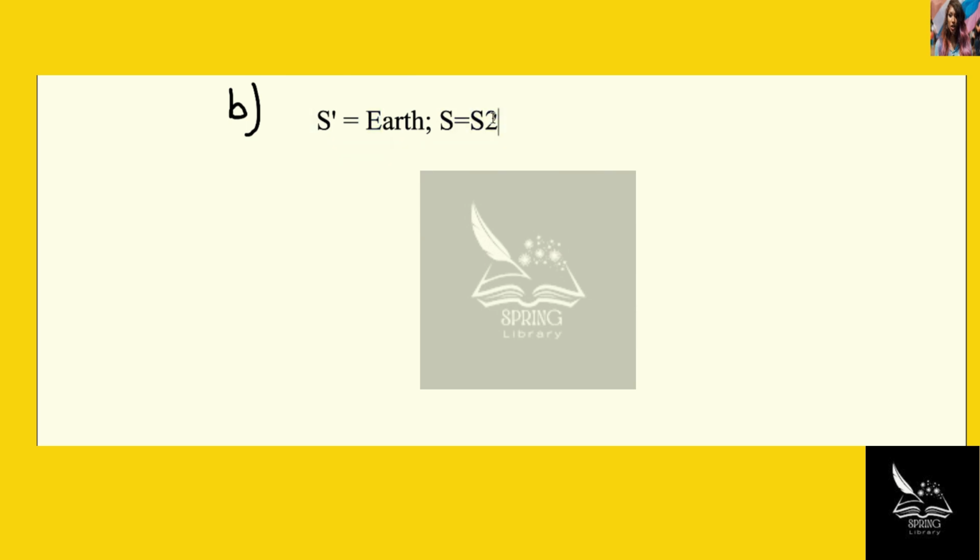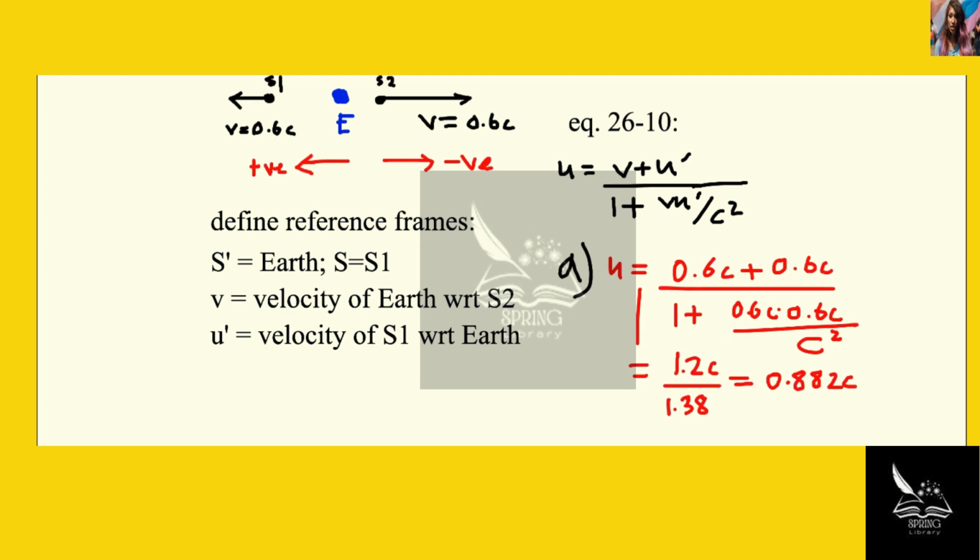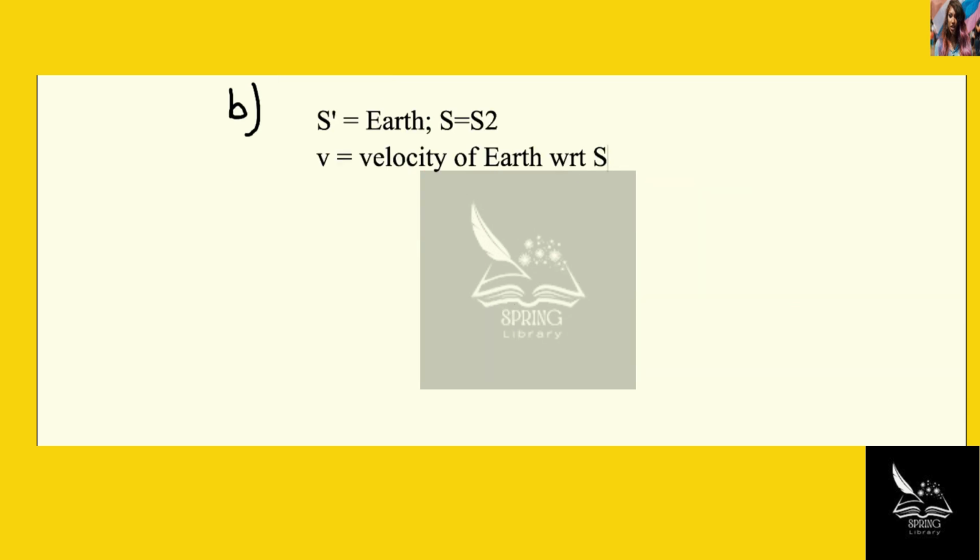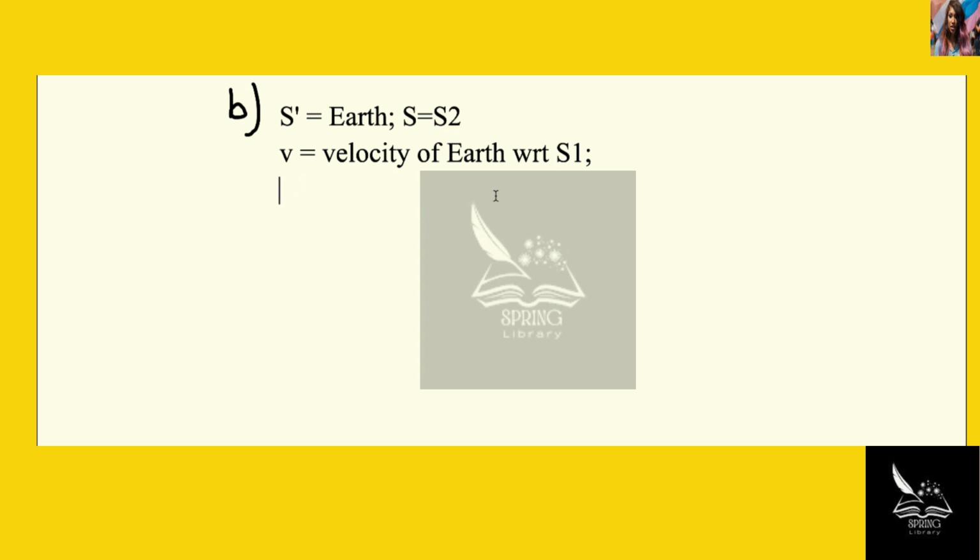And so what that will give us is that V will again be velocity of Earth with respect to S1, and U prime will be velocity of S2 with respect to Earth. Awesome.